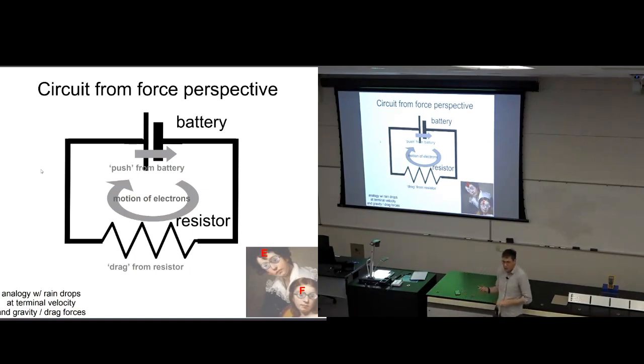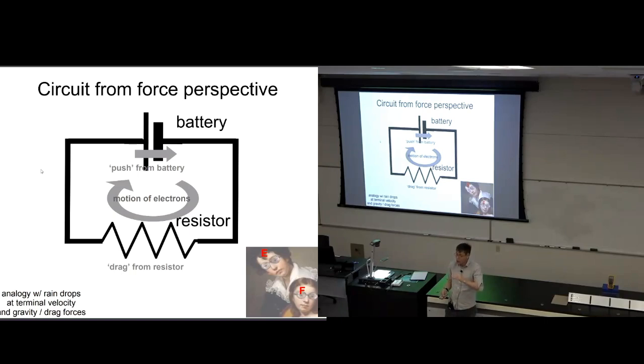And so from the perspective of forces, there's really two forces going on in the electrical circuit here. There's a force, chemical in origin, coming from the battery, and a drag force, physical in origin, coming from the resistor. It's a bit like raindrops falling. Raindrops don't keep accelerating; if you look at raindrops, they fall at constant velocity.